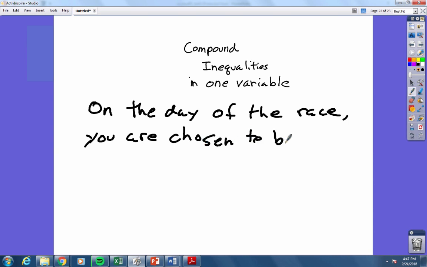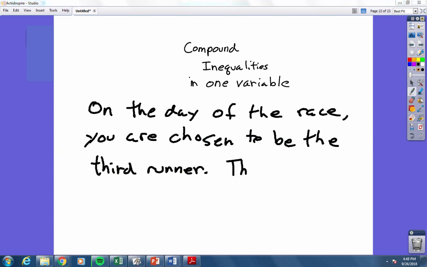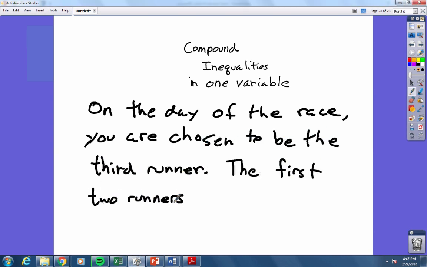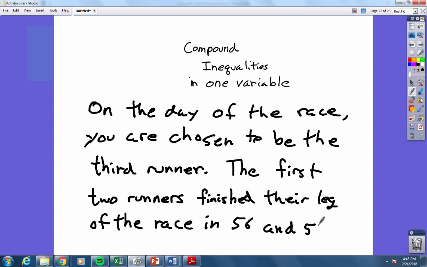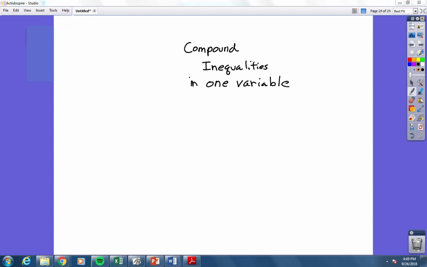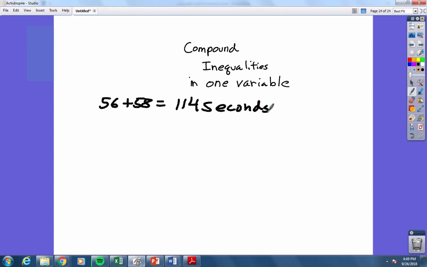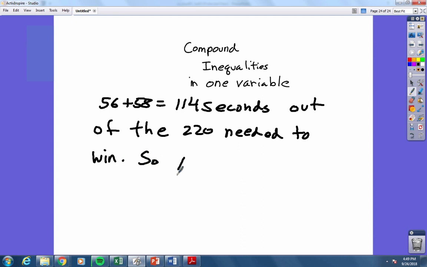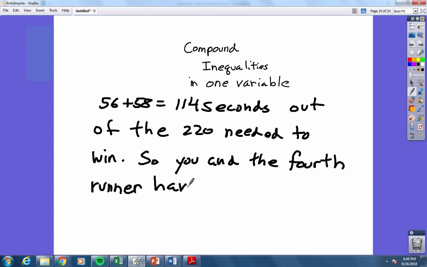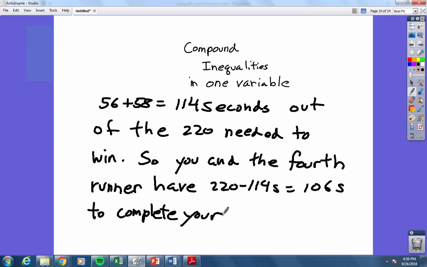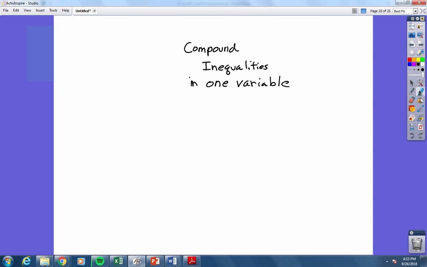On the day of the race, you are chosen to be the third runner. The first two runners finished their legs of the race in 56 and 58 seconds each. That's a total of 114 seconds out of the 220 needed to win. So you and the fourth runner have 106 seconds left to complete your legs of the race.